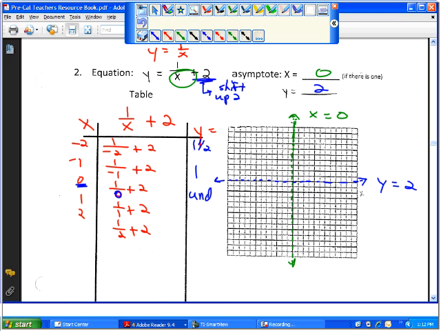There's a vertical asymptote. That's why y is undefined at that point. Or that's why there's an asymptote at that point, whichever way you want to say it. There's an asymptote because y is undefined, or it's undefined because there's an asymptote. Okay. 1 plus 2 is 3. And 1/2 plus 2 is 2.5.